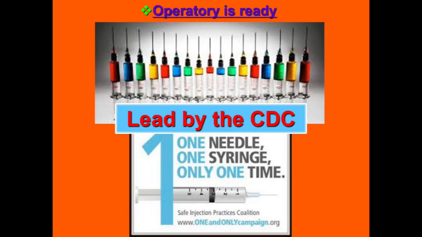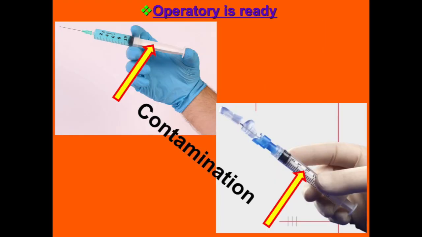I know it seems like common sense, but part of the operatory is ready thing is that we use one needle, one syringe, only one time on the patient. So once you've put the plunger into the barrel of the syringe, you've brought contamination in there. And if the needle has then touched even the outside surface of the patient's IV, it is contaminated.